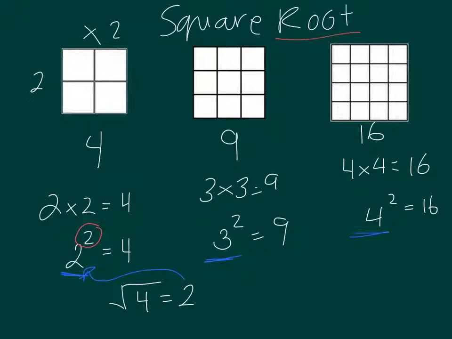If I have the square root of 9, I know my answer is 3, because the root of 9, if I'm squaring, is 3. And if I have the square root of 16, then I know my root number is 4, because the number I have to square to get to 16, the base or root number, is 4.